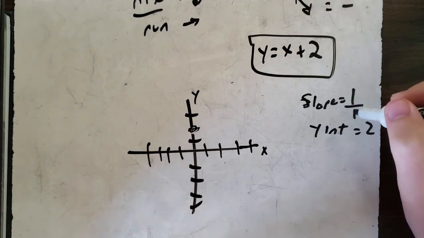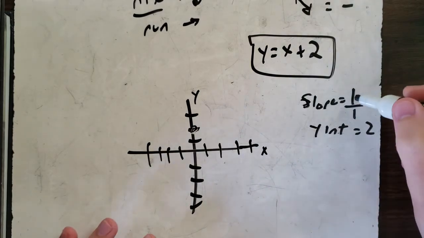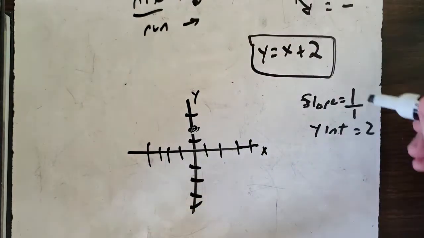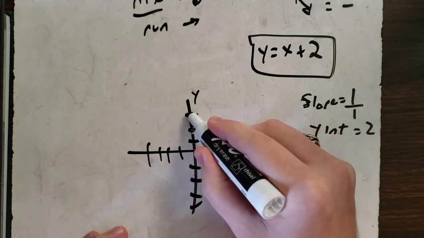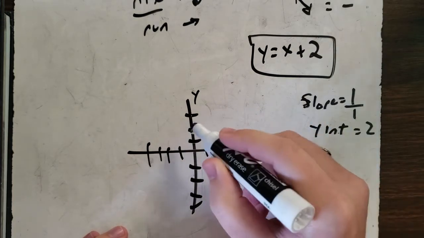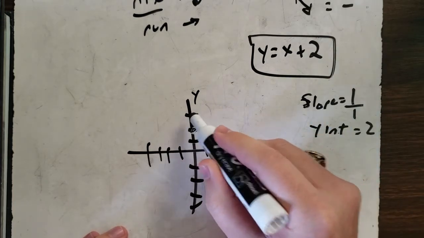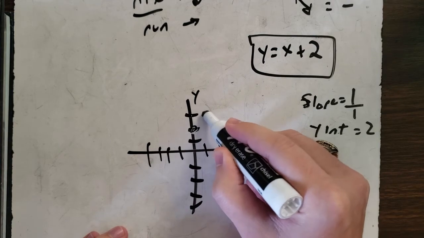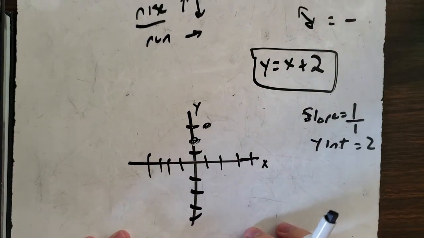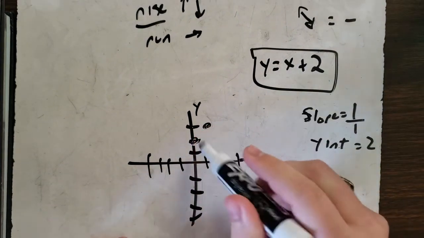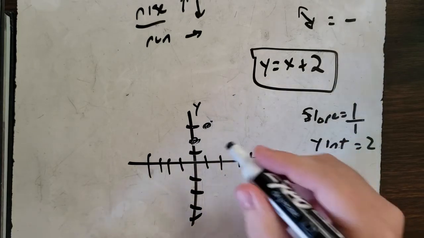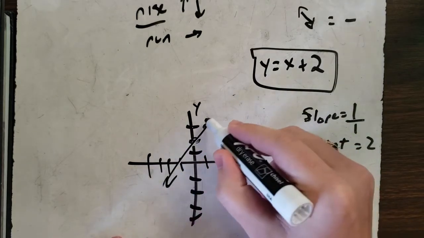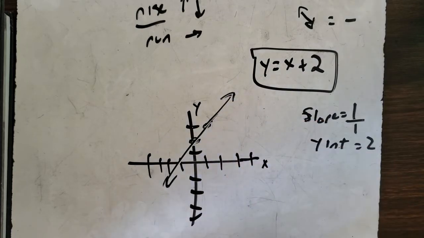It's rise over run, so we start with our rise. It's positive, so we count up 1, and then our run is 1, and it's positive. So we count up 1, to the right 1, and we graph our point. When you have 2 points, you can keep going, up 1 over 1, if you want. But you only need 2 points, so once you have that, you can go ahead and draw your line.